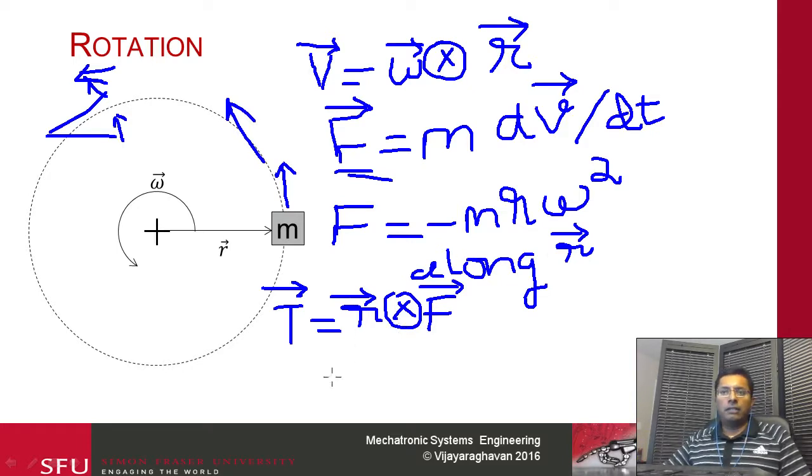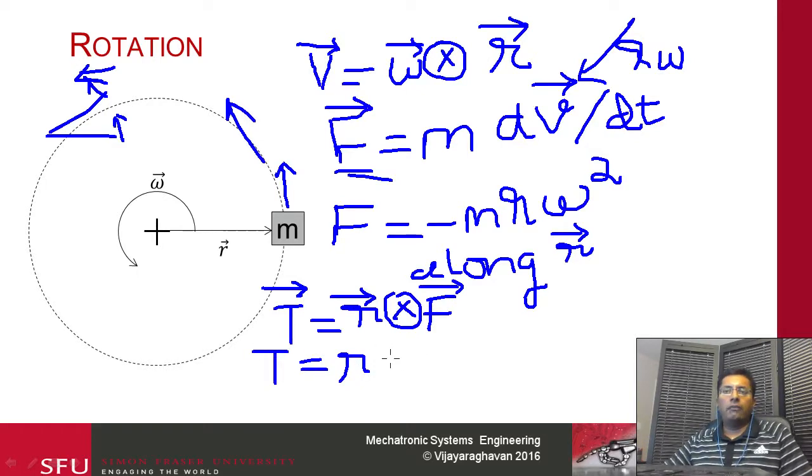Basically, my force is due to m and then the velocity, which is r times omega. The magnitude change is going to be omega dot. I have this r, so I'm just going to drop the vector notation. So T becomes r from here.